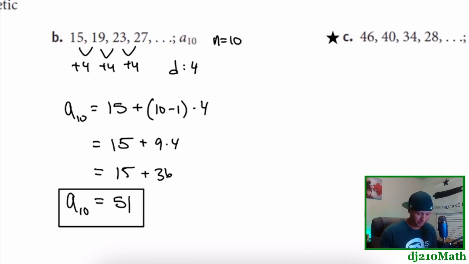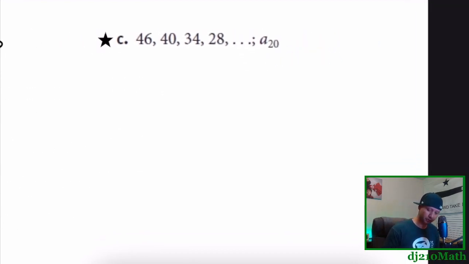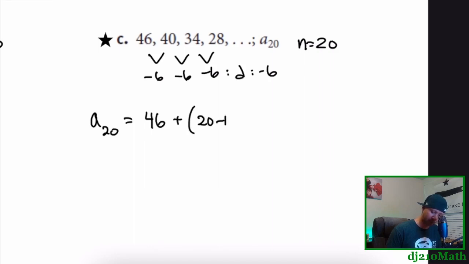I feel like we're really cooking here. So minus 6, minus 6, minus 6. The common difference is going to be negative 6. And then a sub 20, so n is equal to 20. All right, a sub 20 is equal to the first term, 46, plus 20 minus 1 times negative 6.